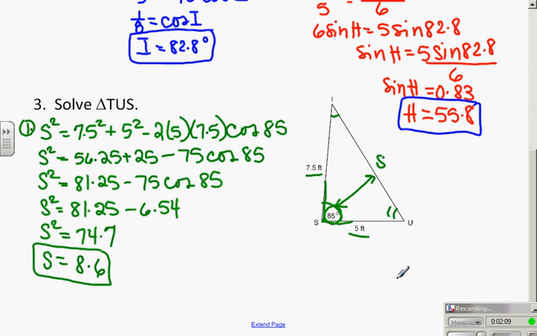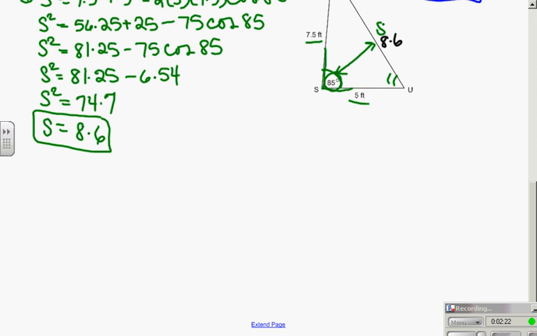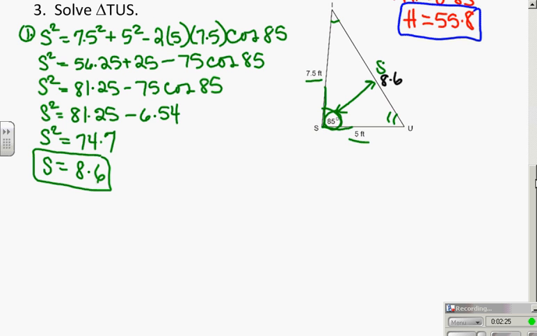Once we have that 8.6 value, now we can flip over to the law of sines. It doesn't matter necessarily which angle you do next, I or U. For my own particular choice, let's go ahead and do U next.